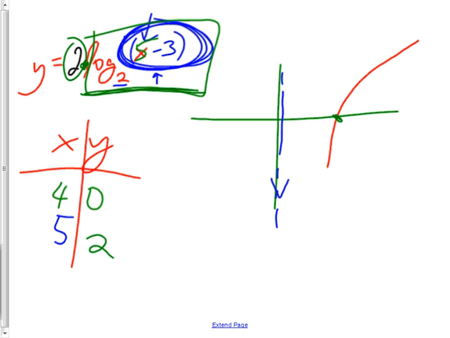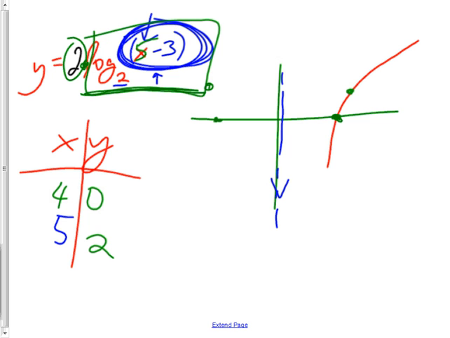5 comma 2. Now, look at my graph. Doesn't it make sense? If this was over 4 and up 0, and this is over 5 and up 2, doesn't that make some sense? It's fitting kind of what I predicted it would be. That's critical. Because, see, a lot of times kids are making a mistake, and let's say they're putting their answer over here. They don't even think to check it with what it should be.